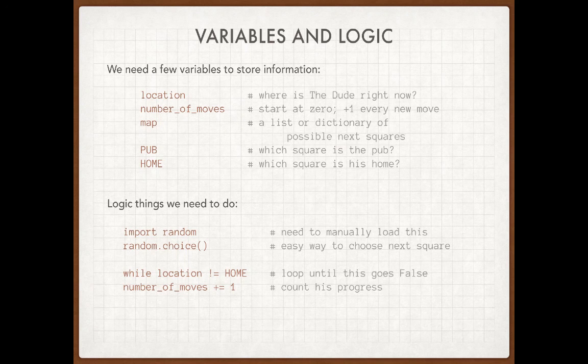Now you'll notice I put those in capital letters. Python doesn't really have the concept of a constant, which is a variable that doesn't vary. But sometimes by convention, we create variables in Python and we give them capital letters. And what that tells us is that these variables are behaving as if they are constants. That is to say, the pub doesn't really move. It's always going to be on square 5. Home doesn't really move. It's always going to be on square 11.